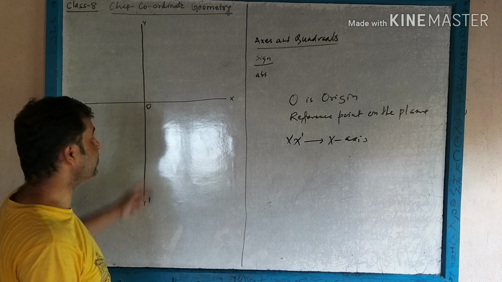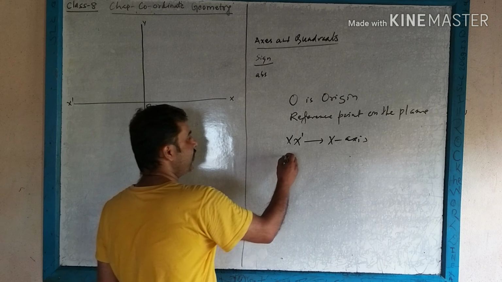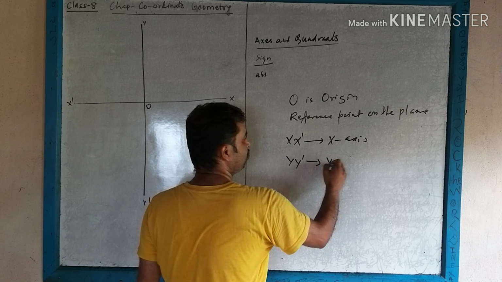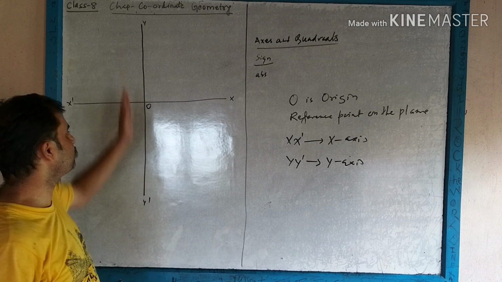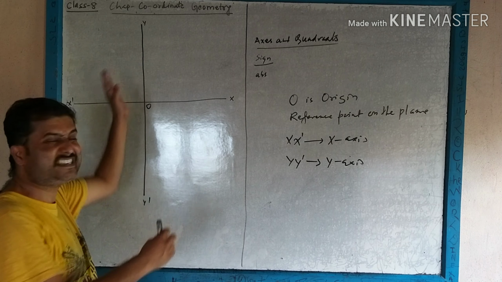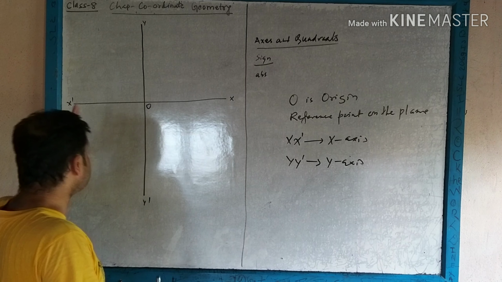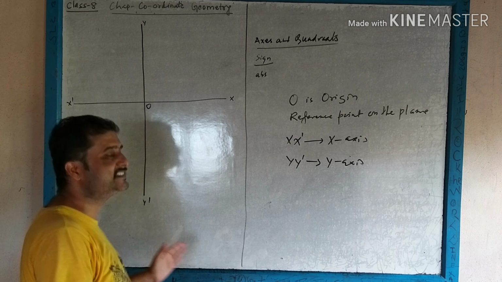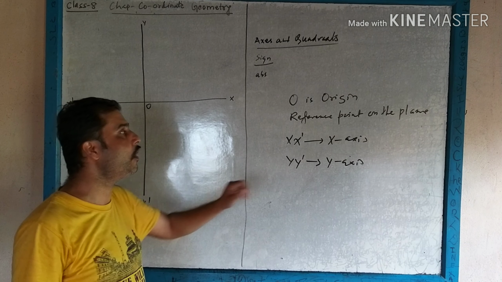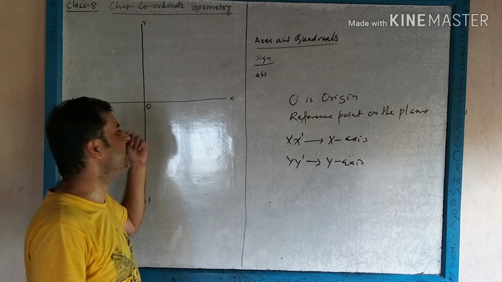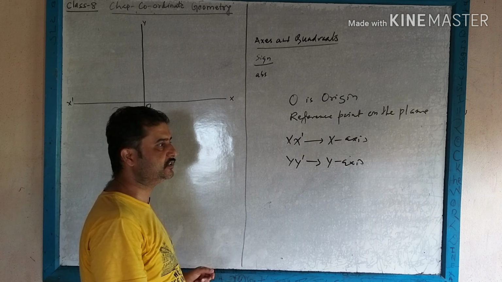And this vertical line, y dash y, is called y-axis. This x-axis and y-axis intersect each other at point O called origin, which is called a reference point.